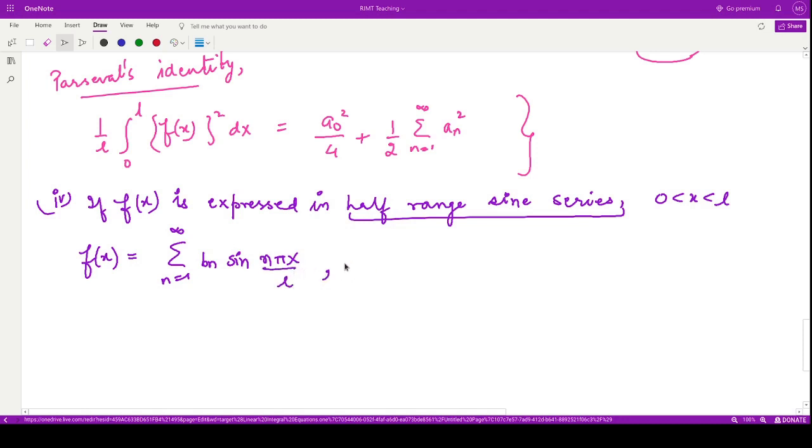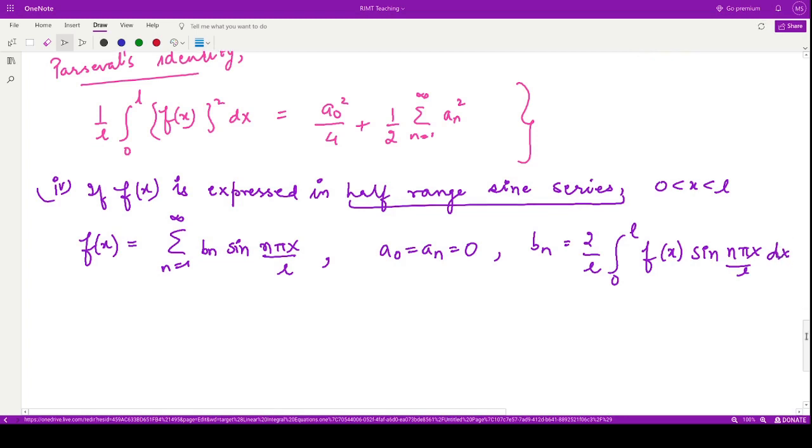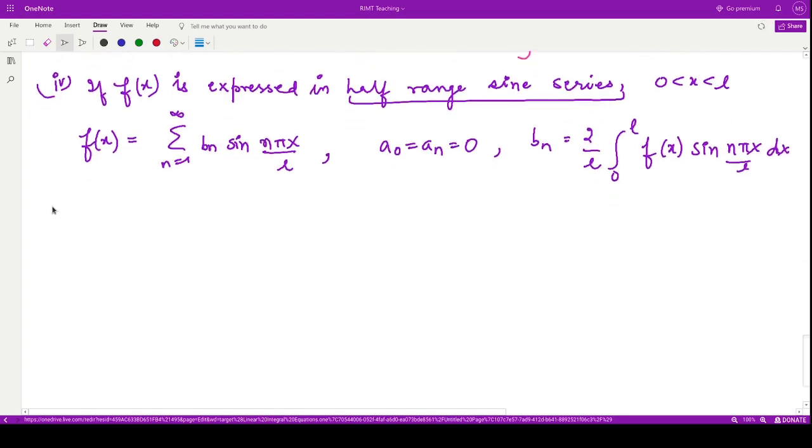This is the series, where your a naught and an are equal to 0, and your bn is equal to 2 by L integration 0 to L f of x sine n pi x upon L dx. So this you already know. This is the half range sine series.